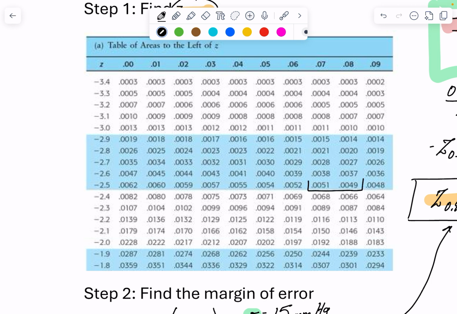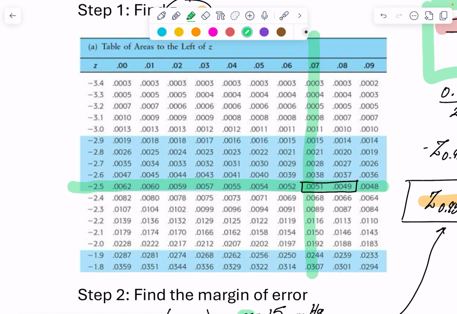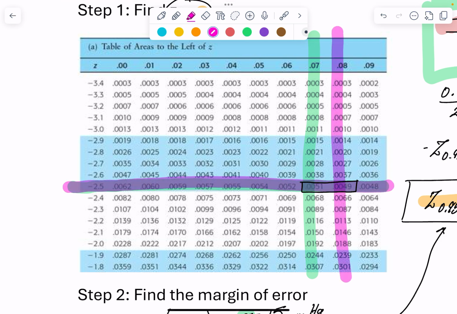The closest values that we have here are going to be 0.0051 and 0.0049. So we're going to take the midpoint of those. Those two values are negative 2.57 and negative 2.58.